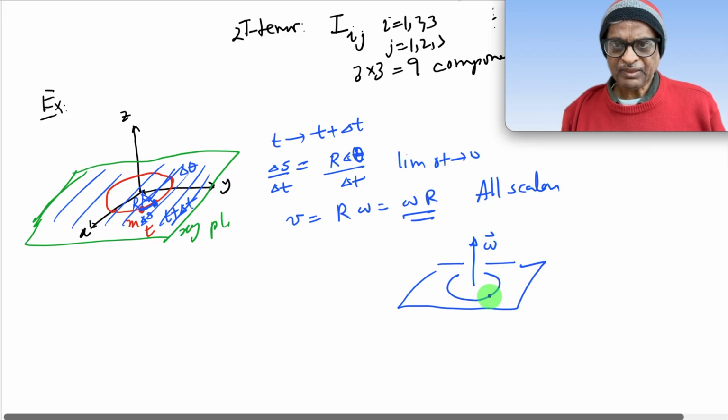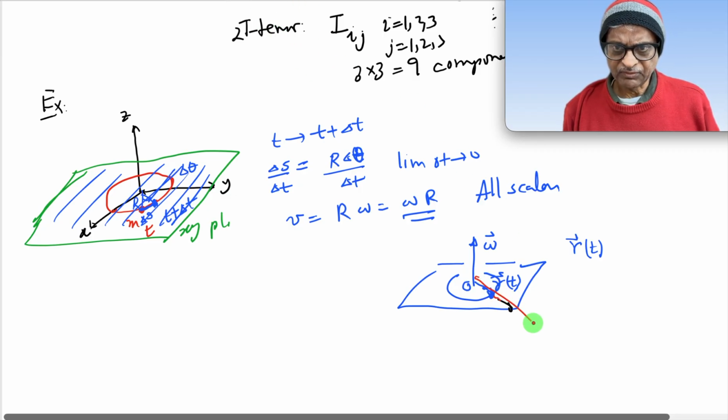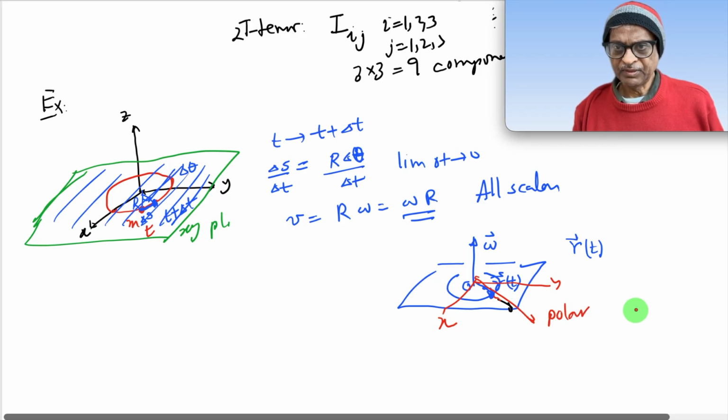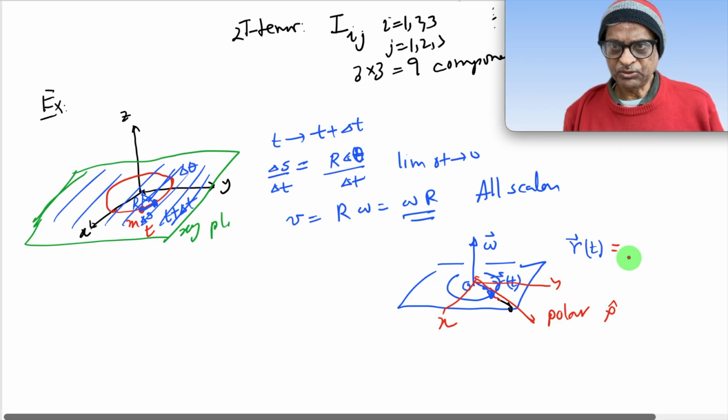And the position vector, this is the origin, the position vector r of t is pointed along this direction. So this is x and this is y, and that direction is the polar radial direction, and has a magnitude r.